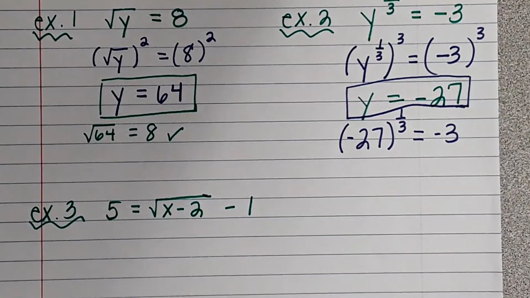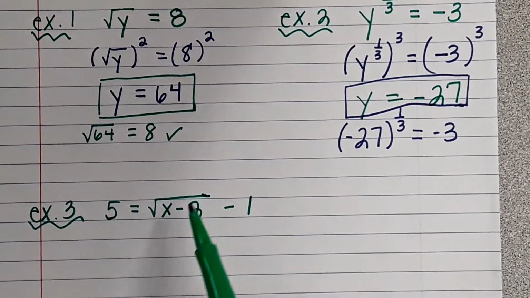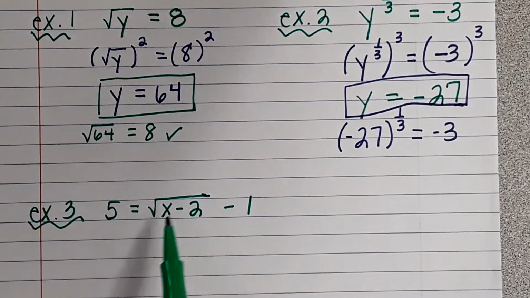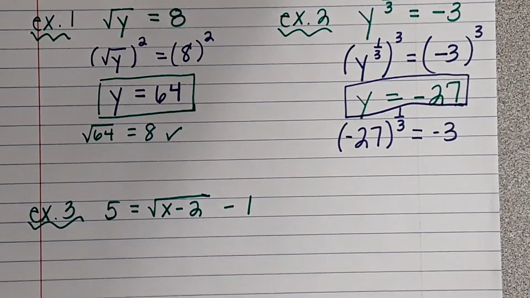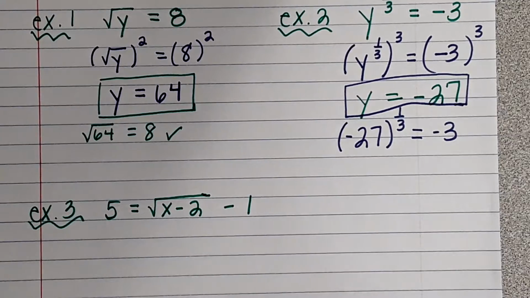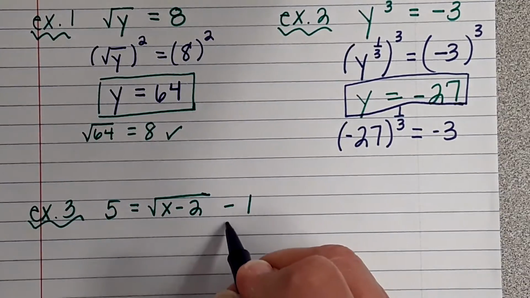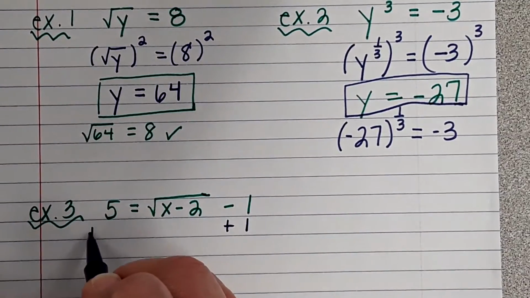And what that means is you want the radical on one side by itself. So we're going to start on the side of the radical, the square root of x minus 2, minus 1. So I need to get rid of that 1. How do you get rid of it? Add 1 to both sides. We're going to add 1 to both sides.